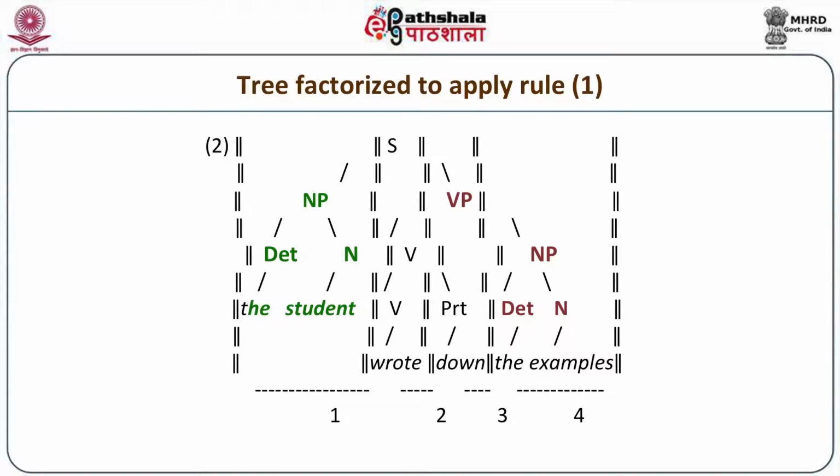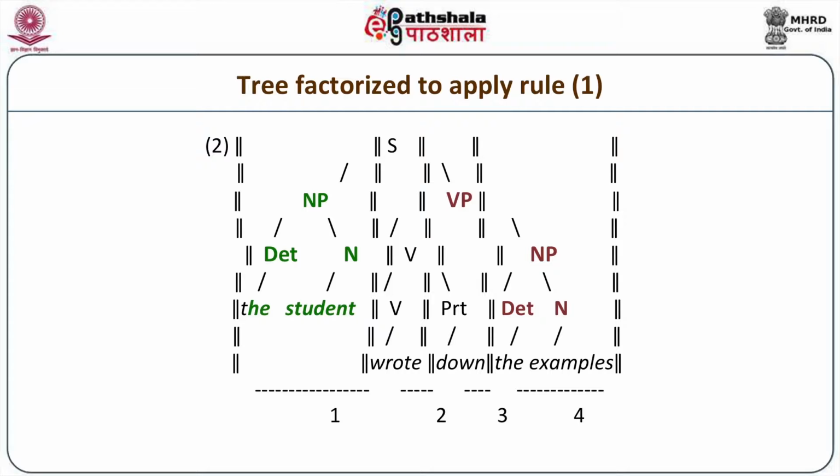In representation 2, in diagram 2, we have shown dotted double lines in order to indicate the factorization of the tree. Thus you find that there are dotted lines on both sides of the verb wrote. There are dotted lines on both sides of the material to the left of the verb, the student, which corresponds to the factor x.